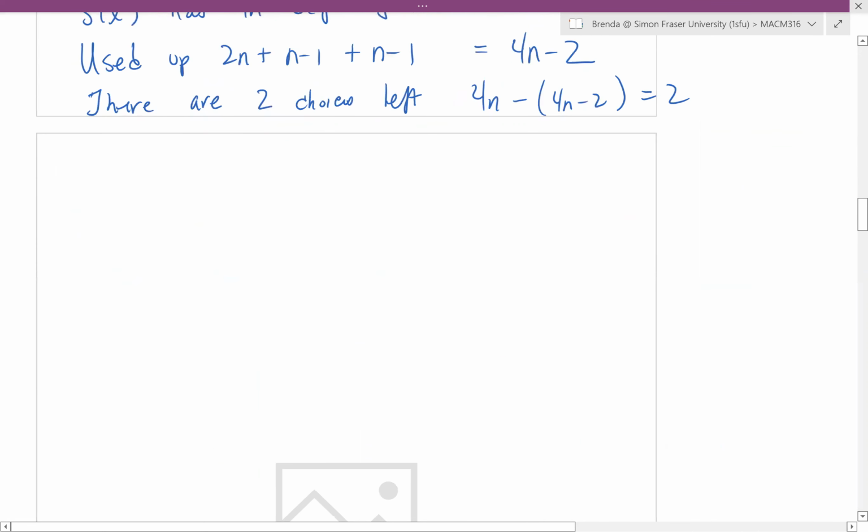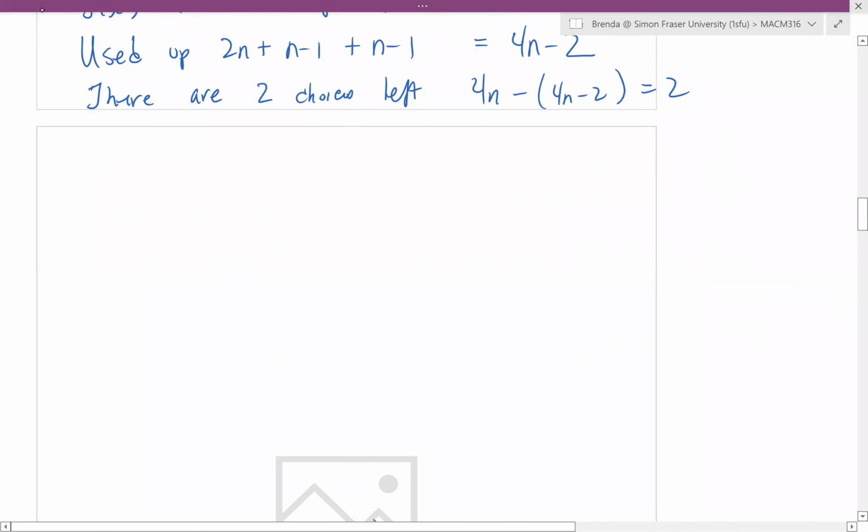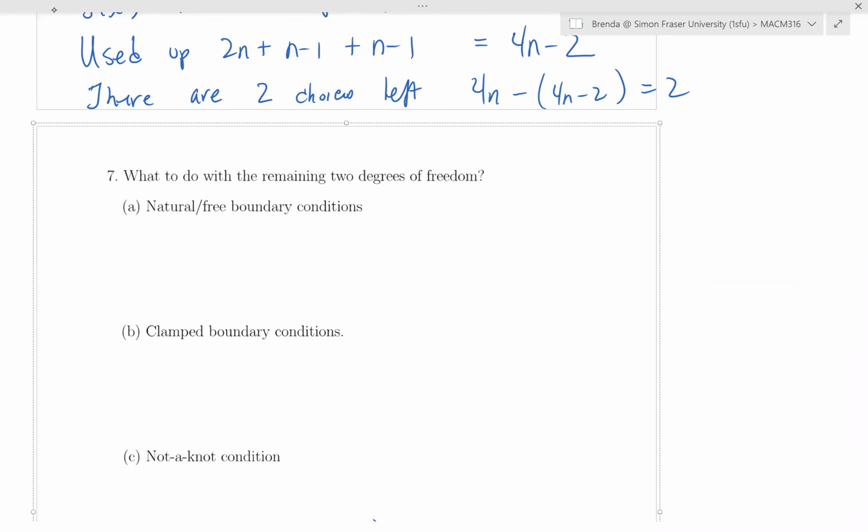I'm just going to write this. This is point number 7: what to do with the remaining two degrees of freedom. We're going to talk about what happens at the left and right hand points of the whole interval, x_0 and x_n. There are going to be three choices.